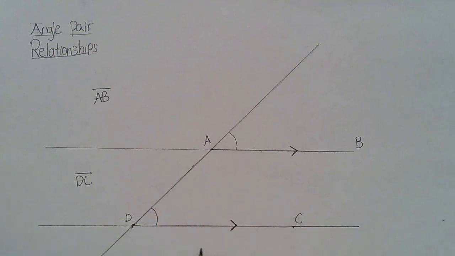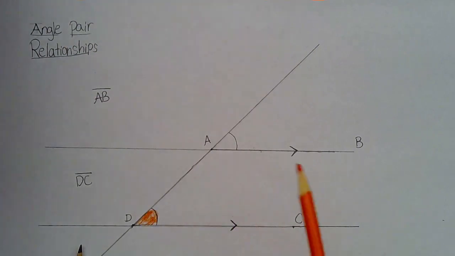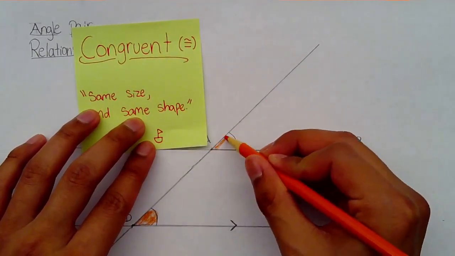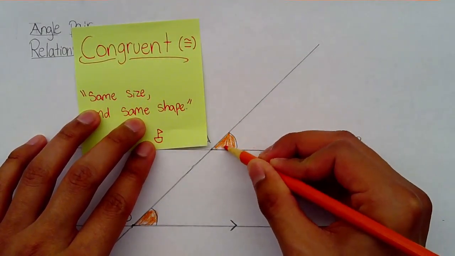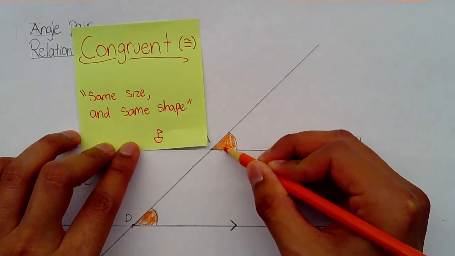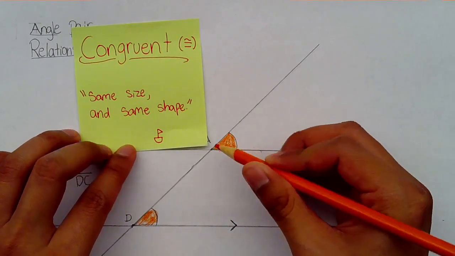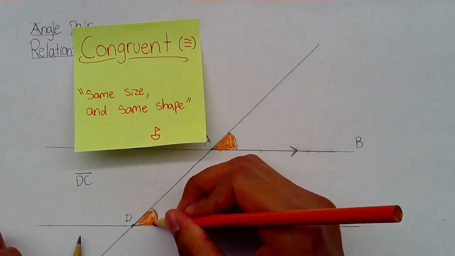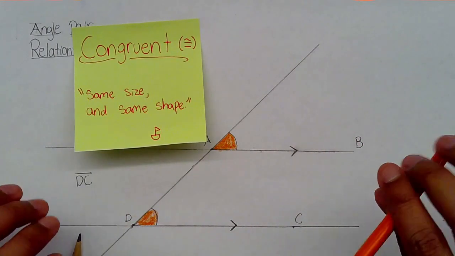This angle that I'm going to highlight in orange will be congruent to this angle all the way up here. They are the same size and the same angle measurement, but they're two completely different things.